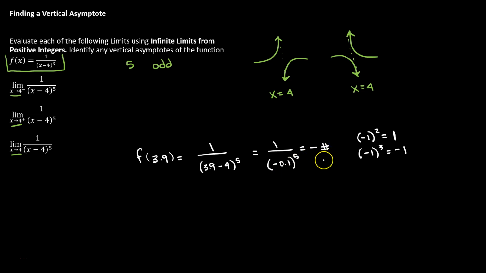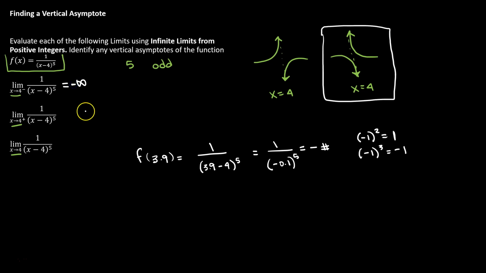Now I could type that into a calculator and find out what it is, but really my goal here was to figure out if I'm getting positive numbers to the left of my asymptote or negative numbers. And we can see that this is the situation that we're dealing with because to the left of our asymptote, our function is negative. So we know the left limit is going to be negative infinity.